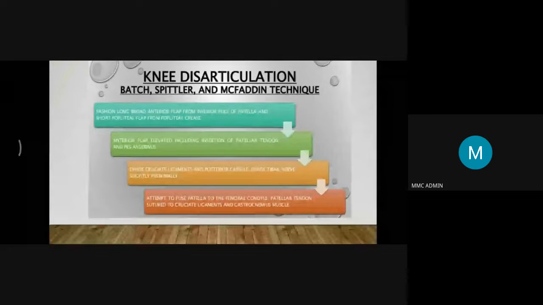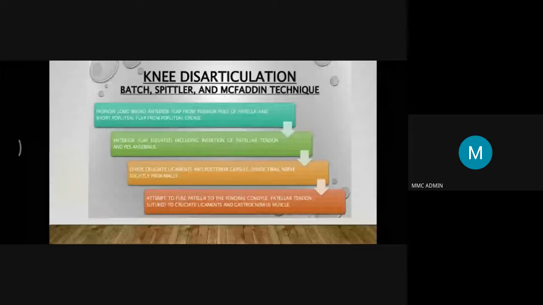Then the main thing is dividing the cruciate ligaments, the anterior and posterior cruciate ligaments, and the posterior capsule is divided. The main thing is the patella. The inferior pole of the patella will be raised along with the anterior flap, which means the tendon comes in front of the patella and inserts into the tibia.